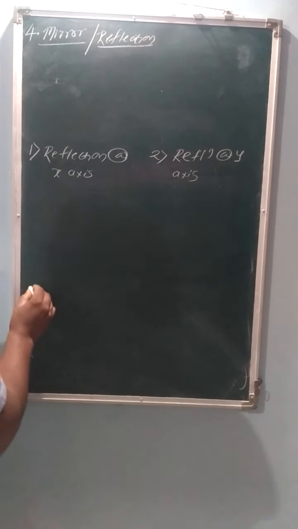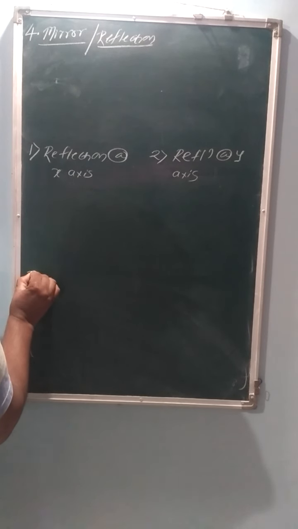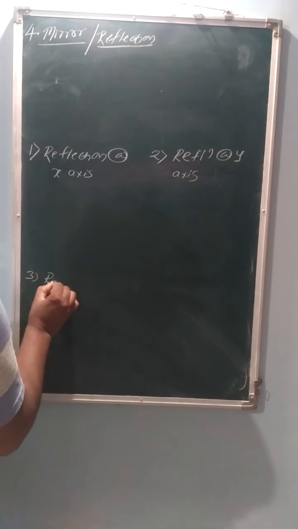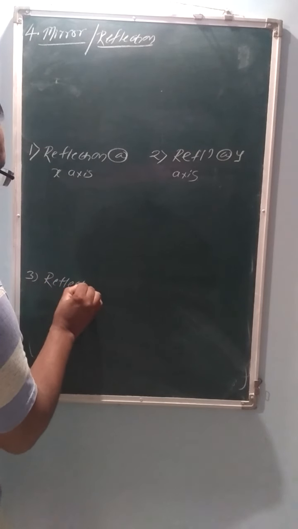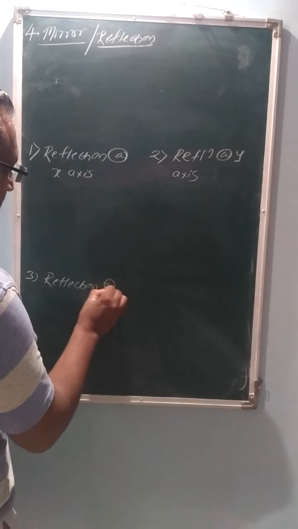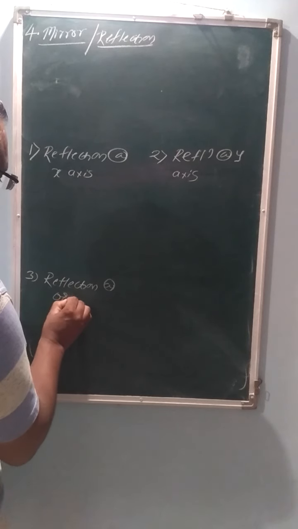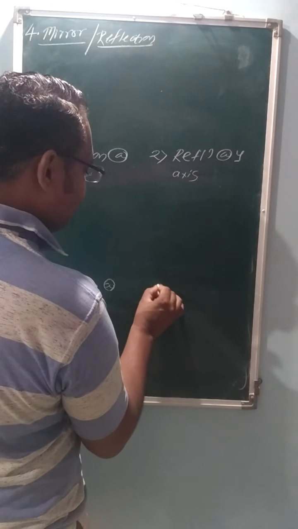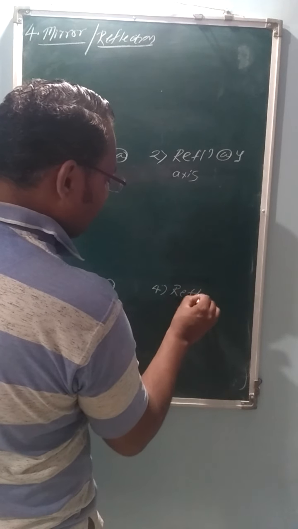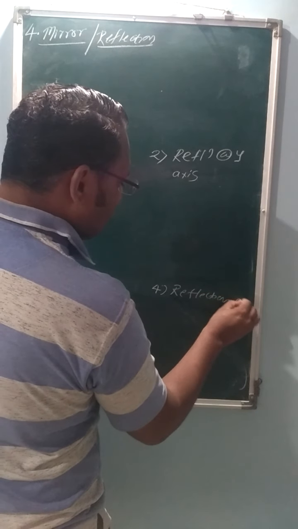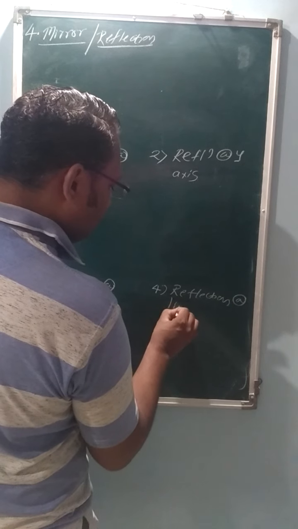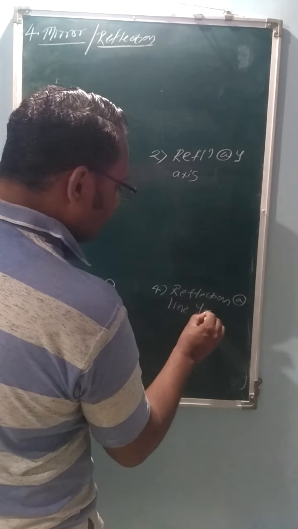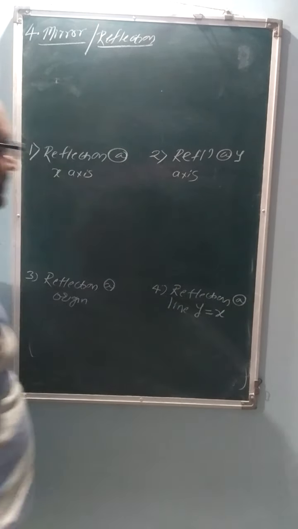Then third case we will see is a reflection about origin. Then fourth case we will see is a reflection about a line y is equals to x.